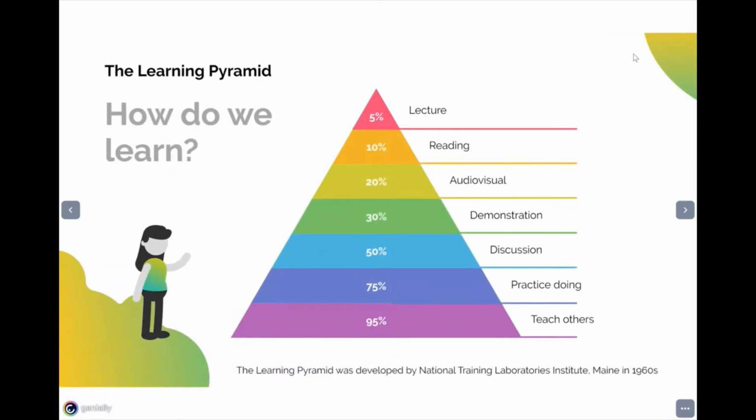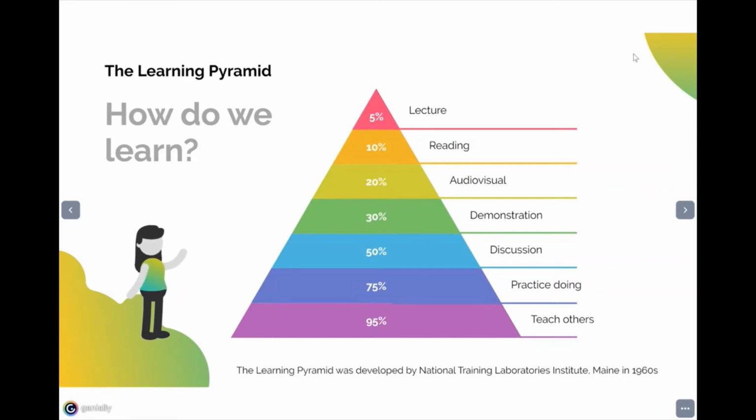So this is the learning pyramid. It's nothing new. It's been around for a long, long time. And for me, it paints a picture of exactly how I learn, and that's why I shared it here today. For all of us who are teachers, when you have to teach something, you have to know your stuff. So when you teach others, you really learn from that.